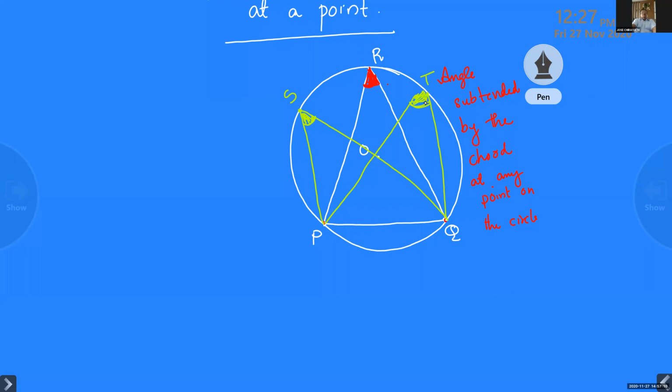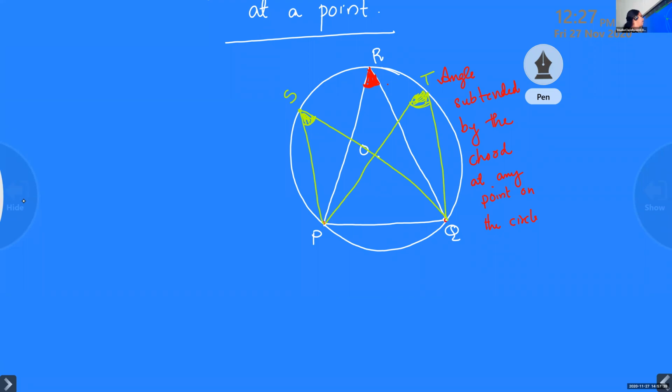So all these angles, connecting the points S, R, T, are known as angles subtended by the chord. The chord is making an angle on the circle at any point, and that angle is known as angle subtended by the chord. Okay, understood?